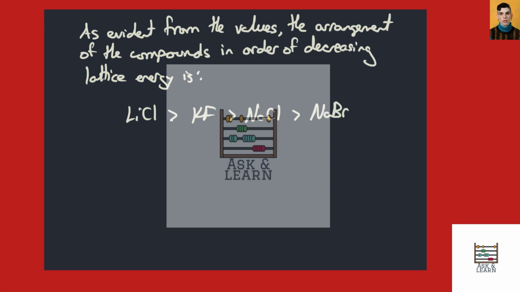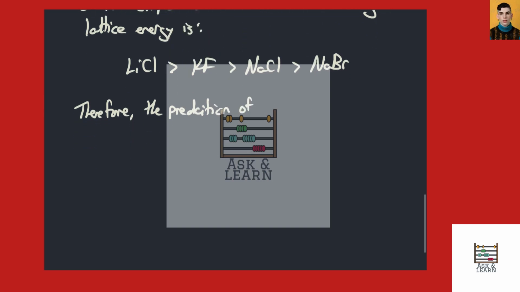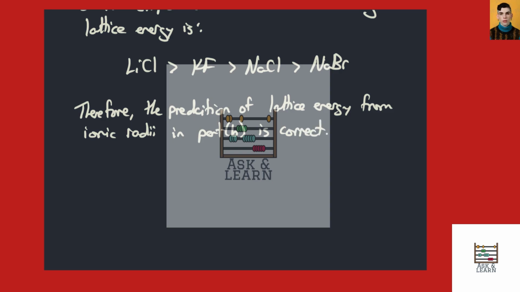And comparing this with part B, therefore, the prediction of lattice energy from ionic radii in part B is correct, as it is exactly the same order we can see here from part C as it is in part B.